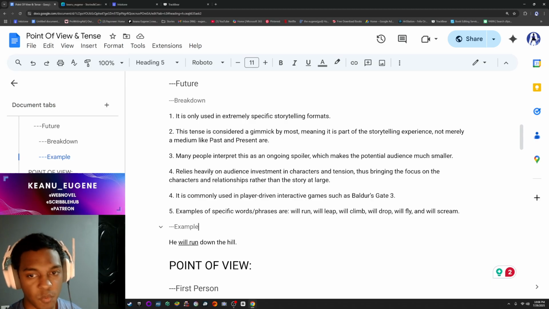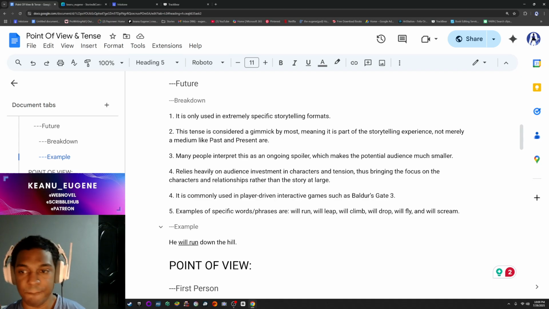So the breakdown is, number one, it is only used in extremely specific storytelling formats, right? This is what we'll get into later. Number two, this tense is considered a gimmick by most, which is something you lean into when it comes up. Future tense's gimmick is that it tells the audience exactly what's going to happen.